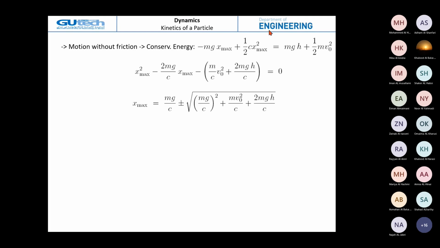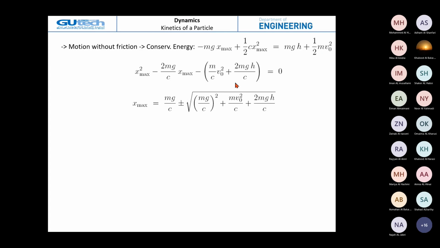Now, for motion without friction, WR will be neglected. In this case, when we apply the conservation of energy, we have minus mg x max for the potential P1, plus the potential of the spring, which is equal to P0, mgh, plus T0.